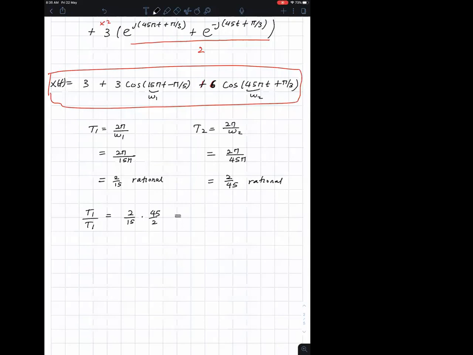The 2 and 2 cancel, and 45 over 15 is 3. So we cross multiply, and it gives you T1 is 3T2. So your period is T1 or 3T2, same thing. It's 2 over 15 seconds.